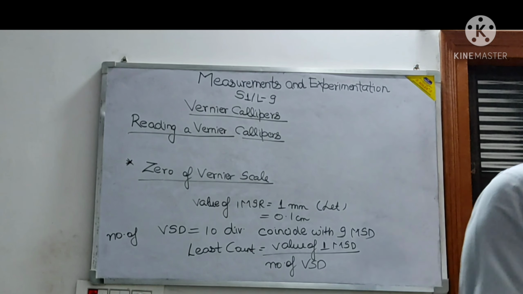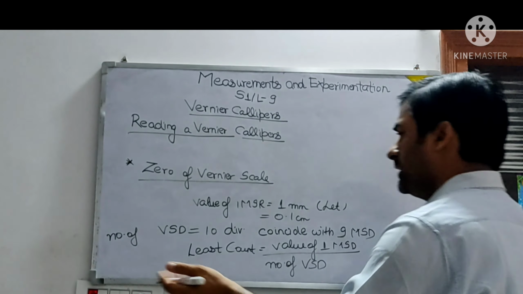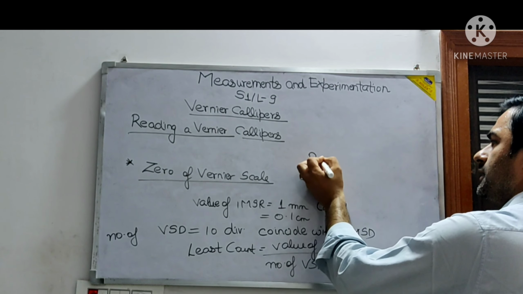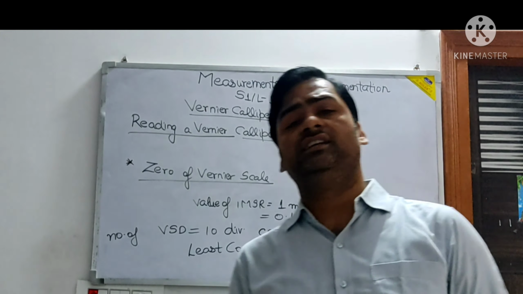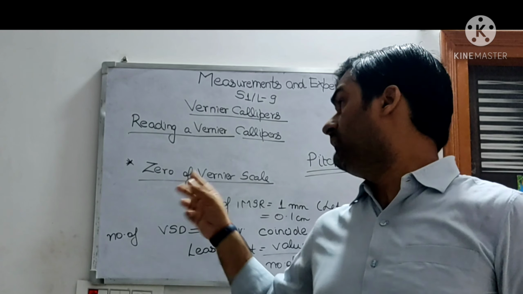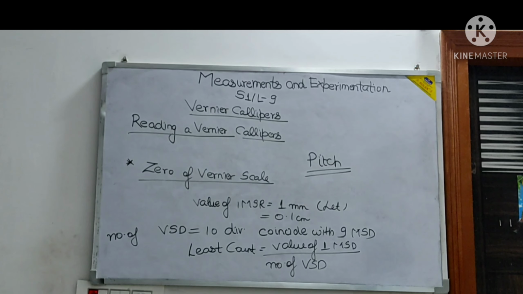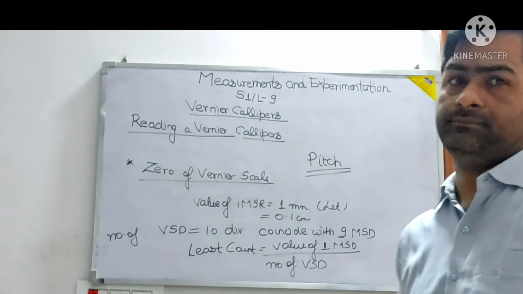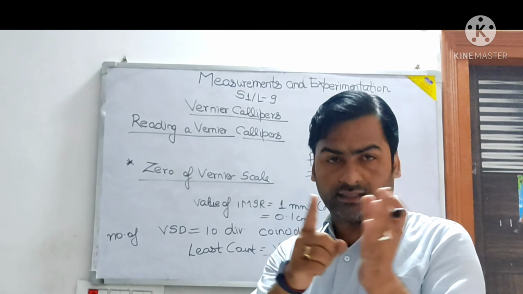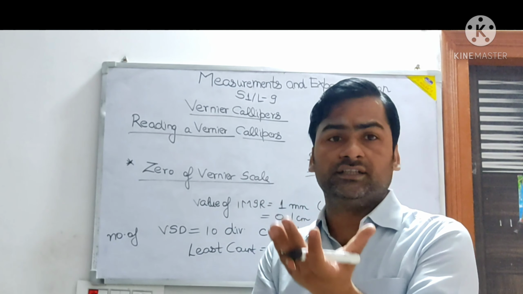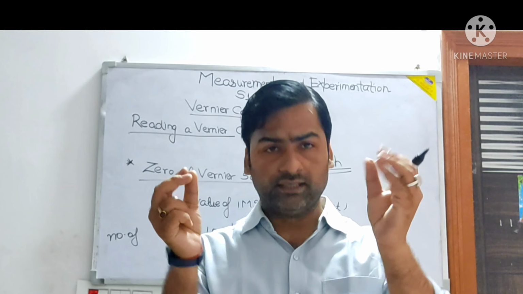One thing should also have been told, which was nowhere in the book, but you must know it: pitch. Not the pitch that you see in the IPLs, but the pitch for the instrument. Pitch is basically the smallest reading that we can directly get from the scale. For measuring something, you see the main scale reading and then the coinciding vernier division, multiply the coinciding division with the least count, add it to the main scale reading, and that gives you the observed reading.